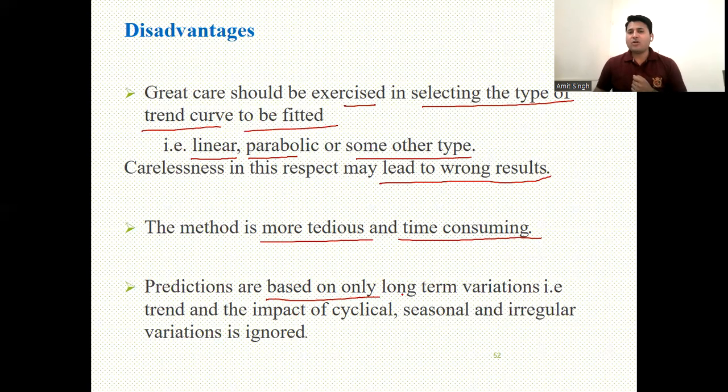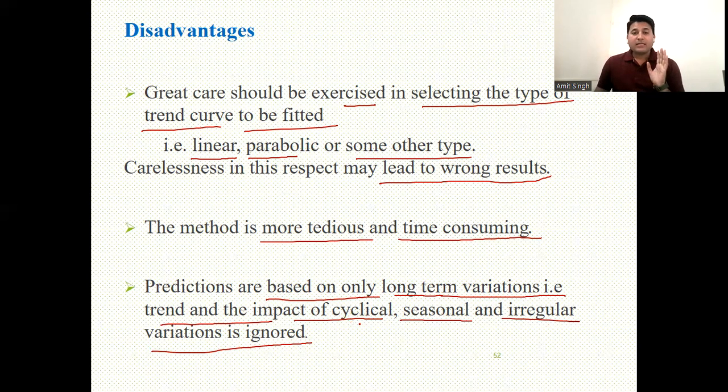Prediction is based only on long-term variation, that is, the trend, and the impact of cyclical, seasonal, and irregular variation is ignored. If you do not know what cyclical, seasonal, and irregular variations are, go to the previous class and you can understand what these things are.